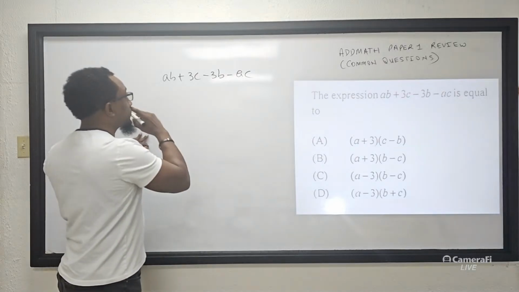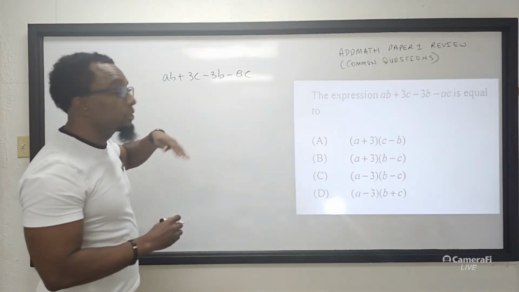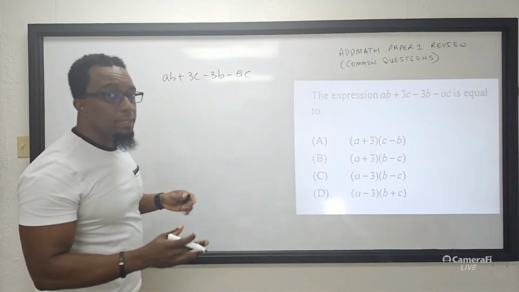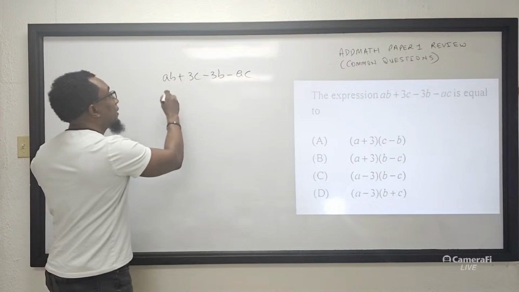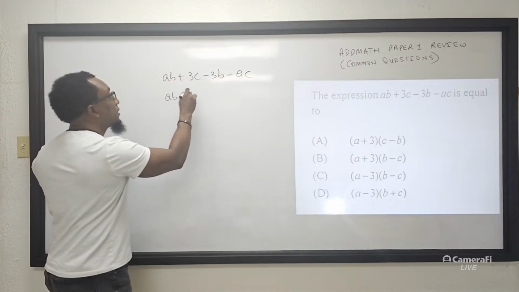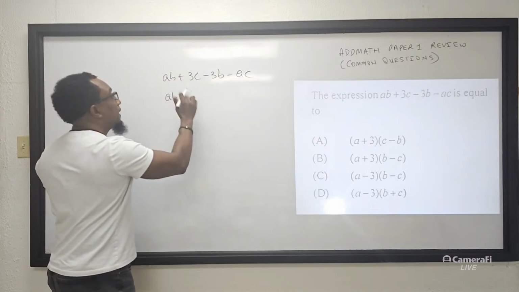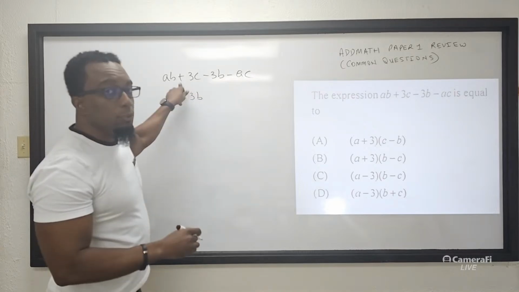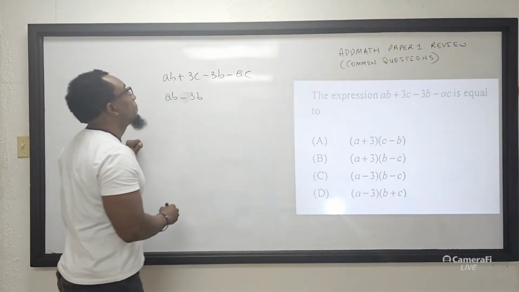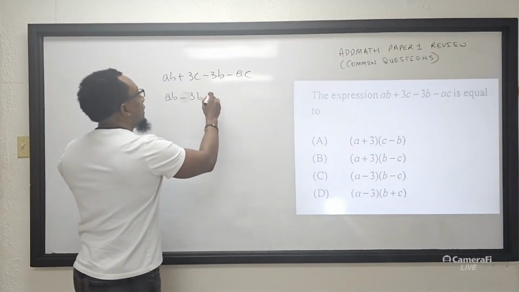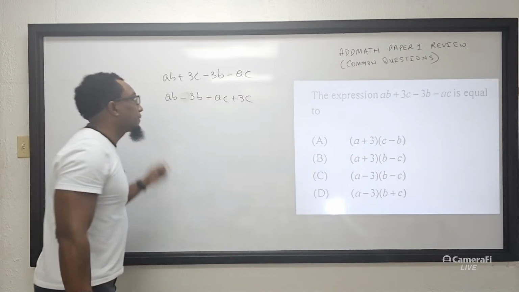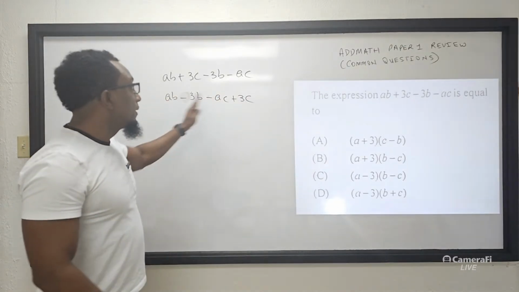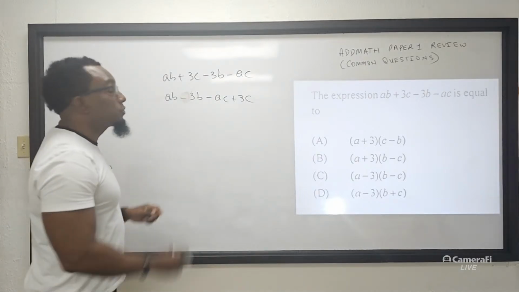So what I can do here, I can rearrange where I will have 2 pairs and each pair will have something common to it. So when I rearrange, I'm going to put AB minus 3B, grouping these two together, and I'll group negative AC plus 3C together, because I want to maintain that order, A first, and of course 3 comes after.